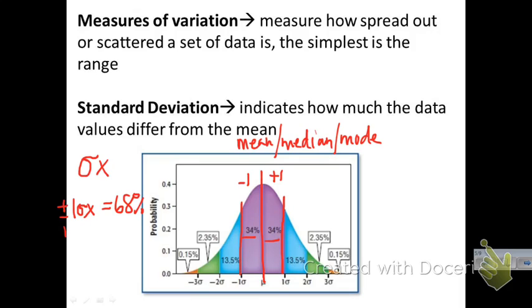We talk about 2 standard deviations. So instead of, I'll erase this, this is 1 standard deviation. You can see that here takes us to 2. Whoops, I changed color, sorry.